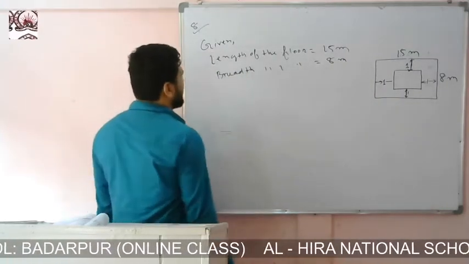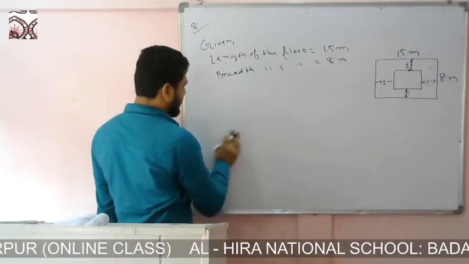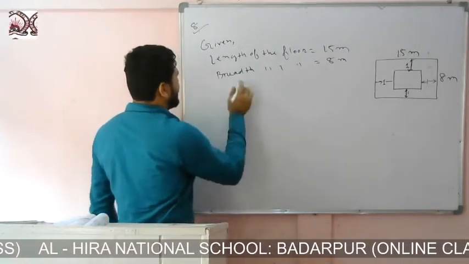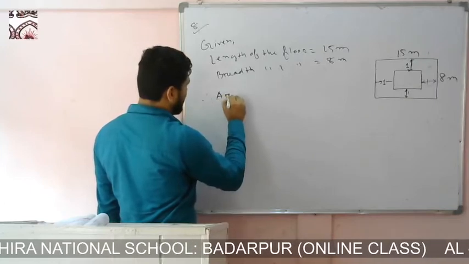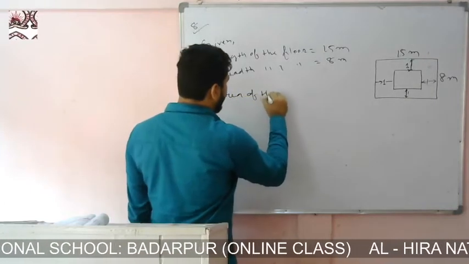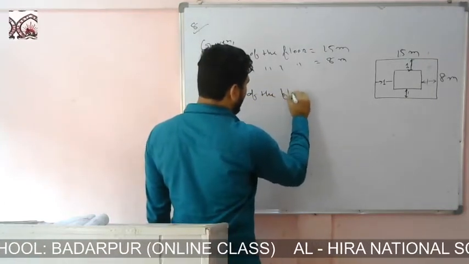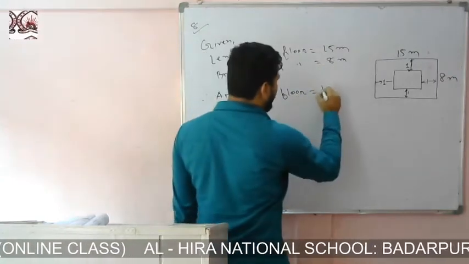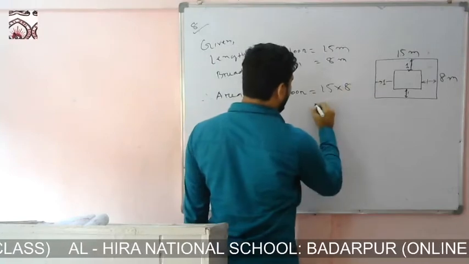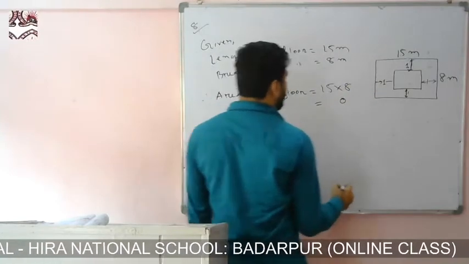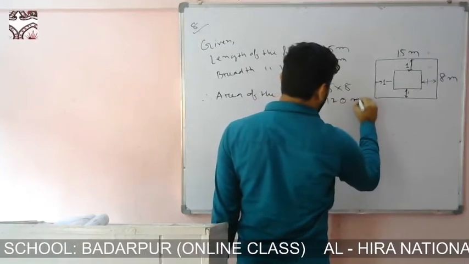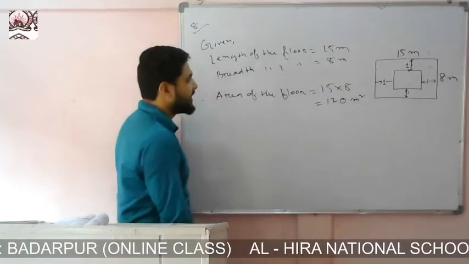And the area of the floor will be what? Length into breadth. That means 15 into 8, 120 meter square. Okay, 120 meter square.